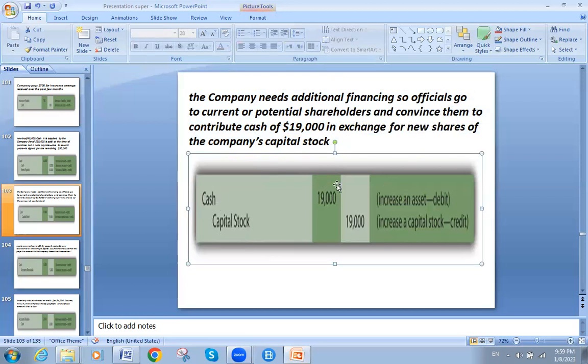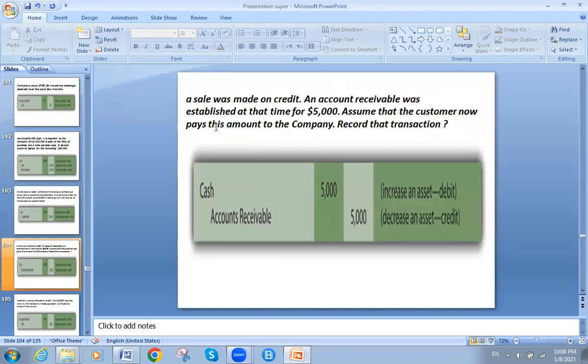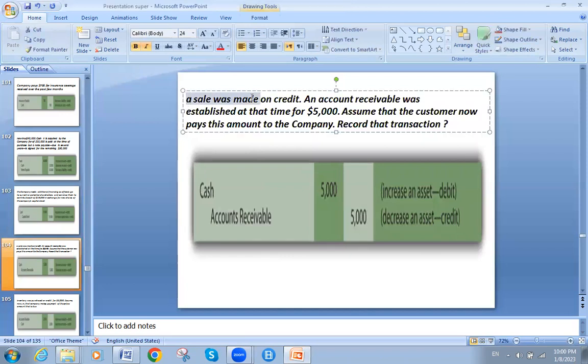So from cash into capital, 19,000. We deal with extra investments or expansion exactly like what we did at the start of the business, from cash into capital, same thing.